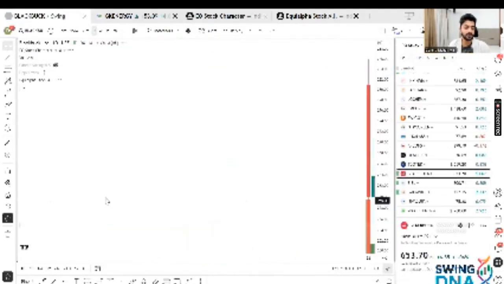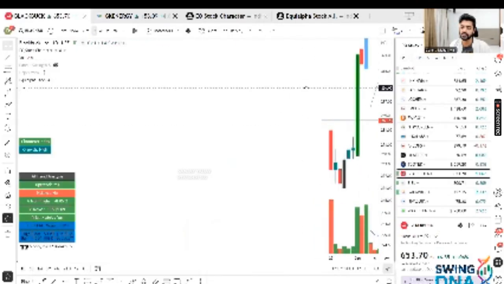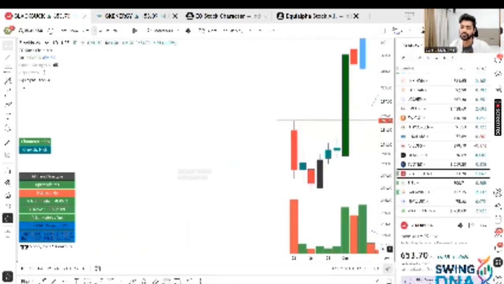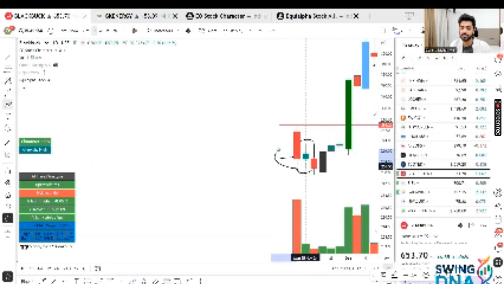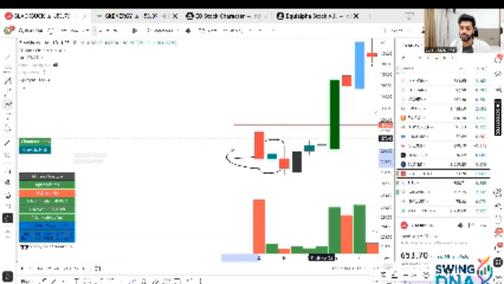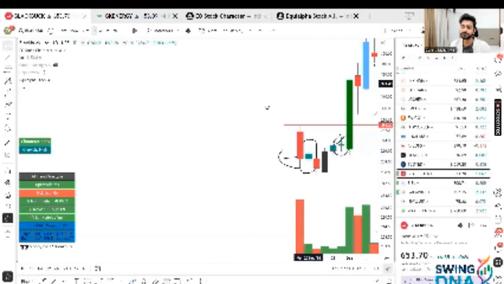Black Buck. This is one more example that you can add, which worked well in the initial 10-15 days, and you will find the same thing here, that the wicks were very small. Look up here in these initial days, you have this one, still the close is not that extremely bad. Here this is not a wick, this is a fine close. Here you have a small wick. Eventually it worked.